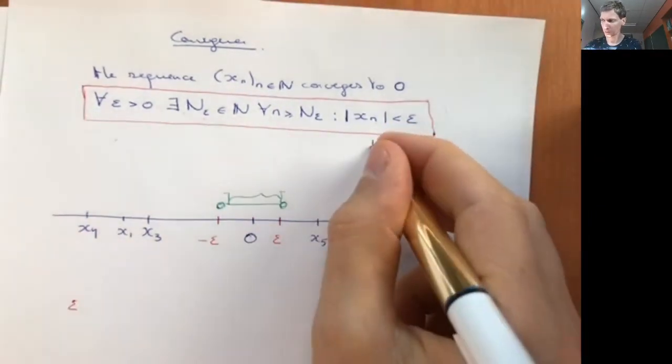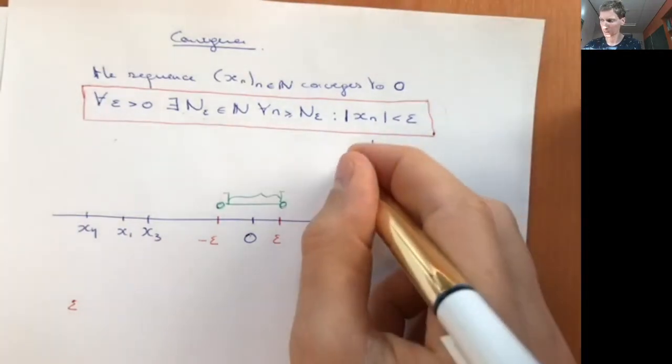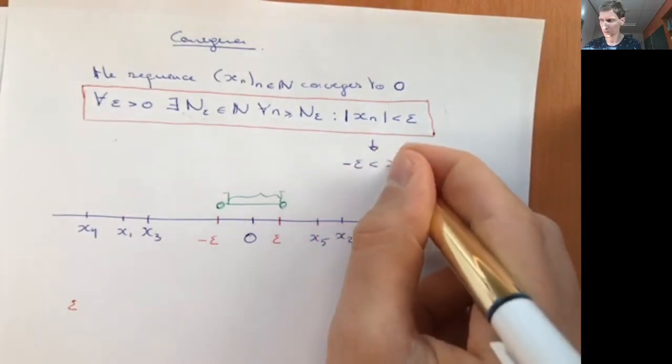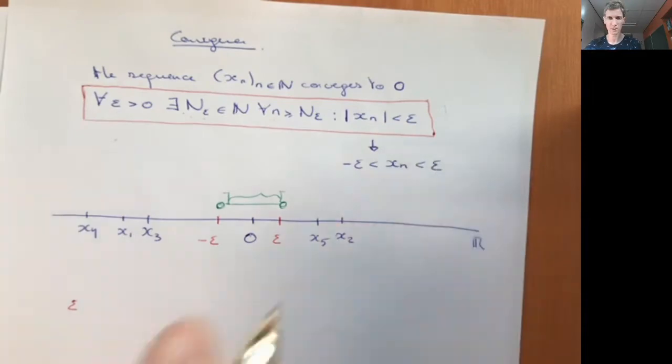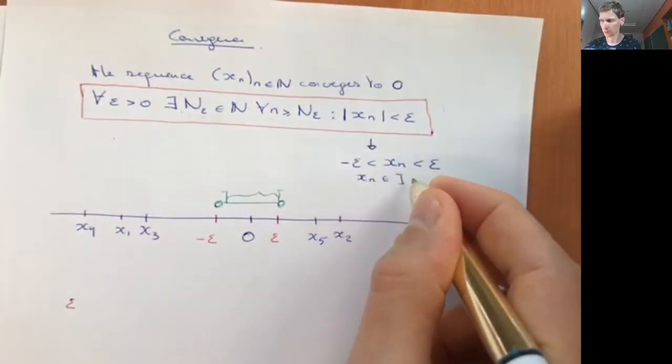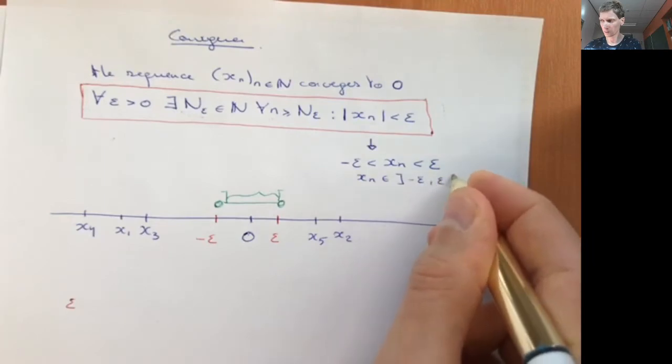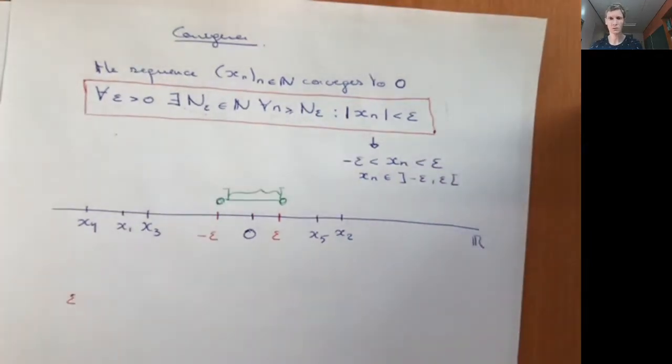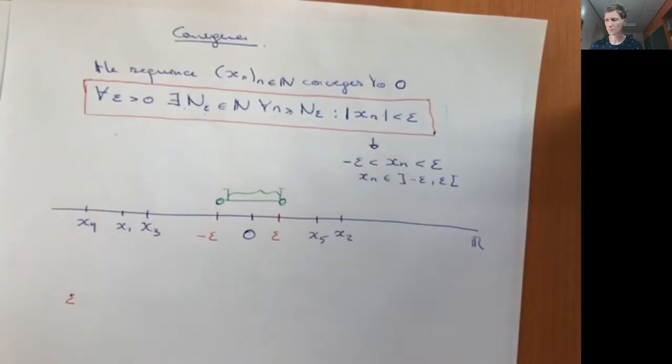Okay, this is the same as saying that minus epsilon is smaller than xn is smaller than epsilon. Or xn is in the open interval minus epsilon, epsilon. These are all equivalent definitions of this here.